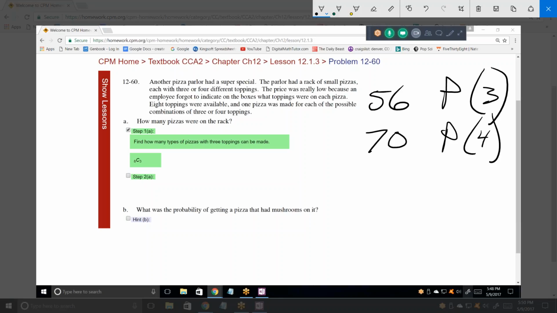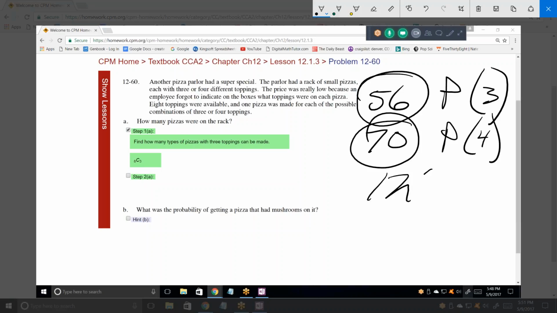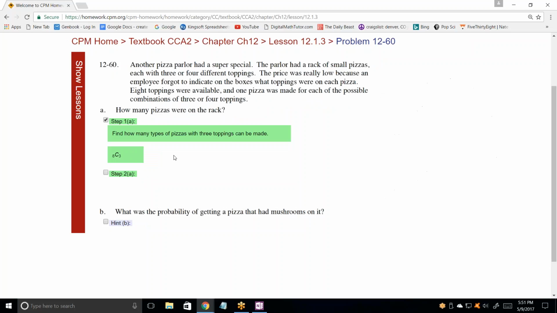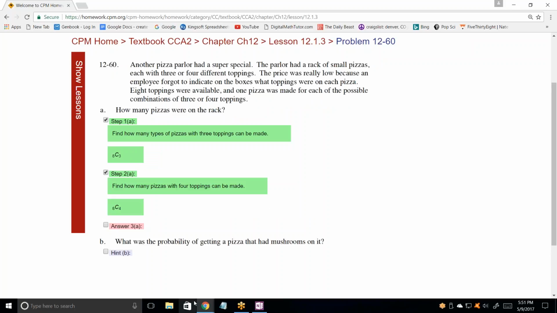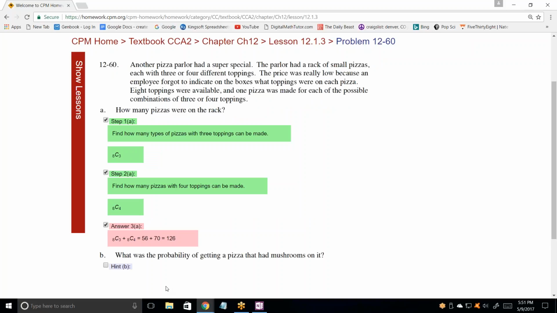Now, 1 pizza was made for each of the possible combinations. Well, we got 56 pizzas made for 3 combinations. 70 pizzas made with 4 combinations. So I'm saying there's 126 pizzas on the rack. Maybe, maybe not. 126.